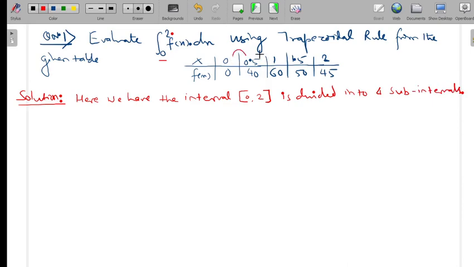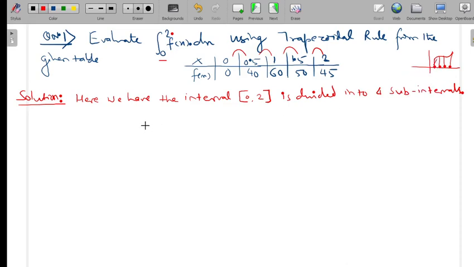I mean, this is interval 1, 2, 3, and 4. If there are 1, 2, 3, 4 points on the x-axis, there are 3 intervals; 4 points show 3 sub intervals.